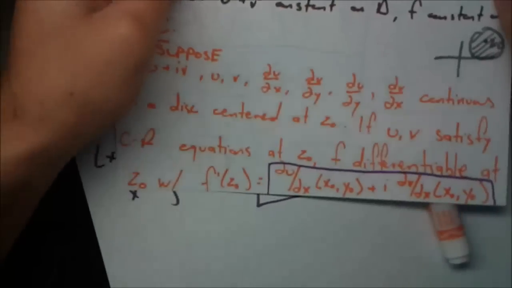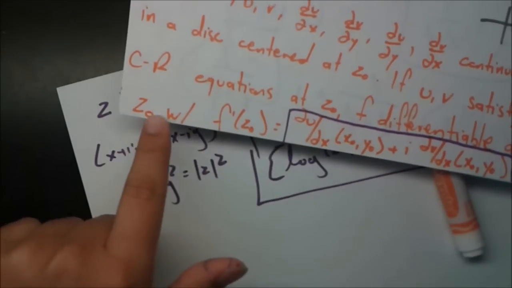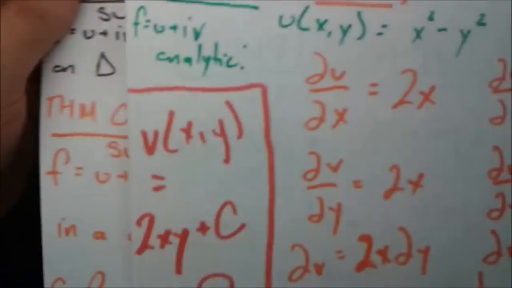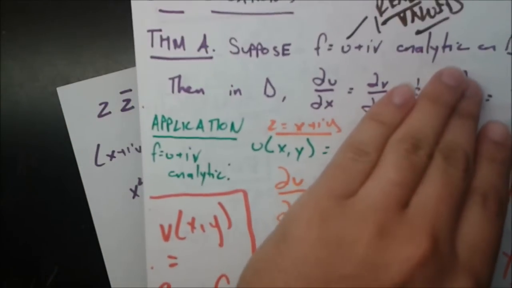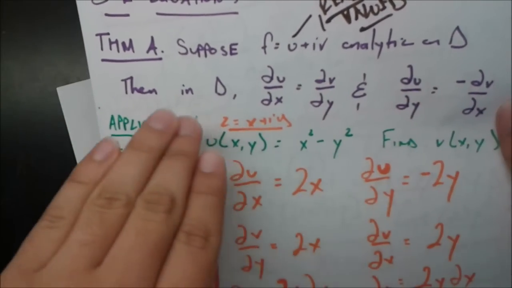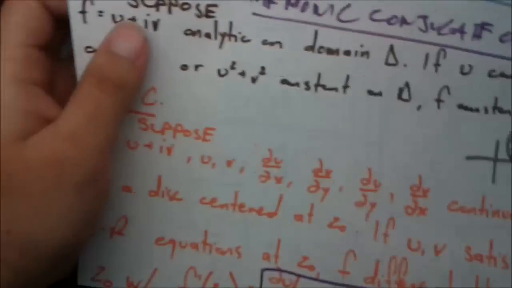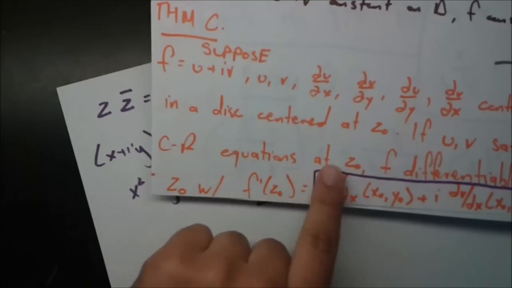The conclusion of Theorem C is that this is differentiable at z0. So the conclusion of Theorem C is that something is differentiable, but the supposition of Theorem A is that something is differentiable. Now, what is the conclusion of Theorem A? The conclusion of Theorem A is that the Cauchy-Riemann equations are met. What is the supposition of Theorem C? The supposition of Theorem C is that the Cauchy-Riemann equations are met.